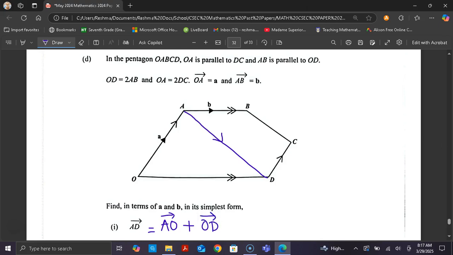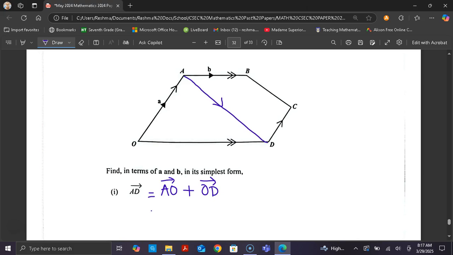But since AO is going in the opposite direction to OA, AO will be minus OA. Alright, and OA is A, so therefore this will be minus A.